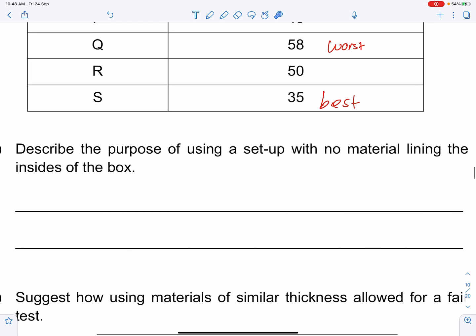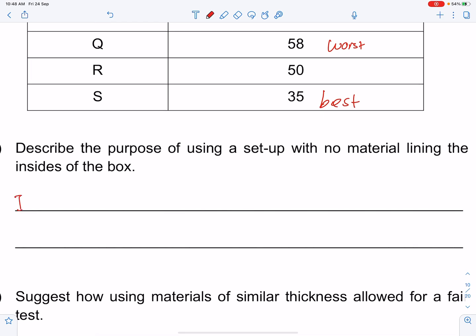You need to say that it acts as a control setup to compare. This one, standard answer, must memorize. I stress again.